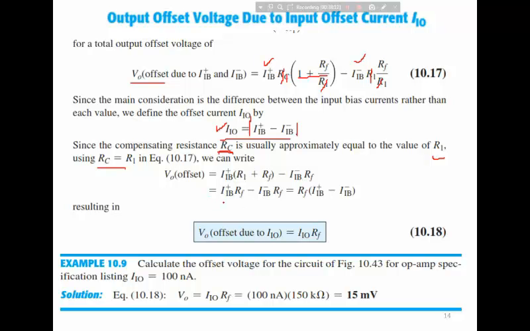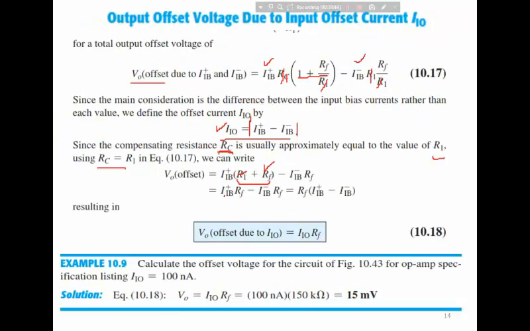This can further be simplified by considering another assumption, that the value of RF is chosen to be very much higher than R1, so R1 can be ignored. This equation becomes equal to I in positive into RF minus I in negative into RF. Taking RF common, it will be RF into I in positive minus I in negative.